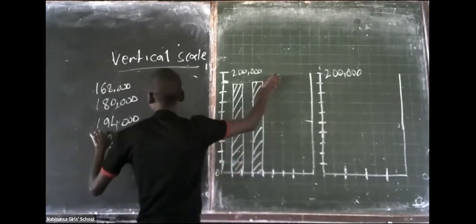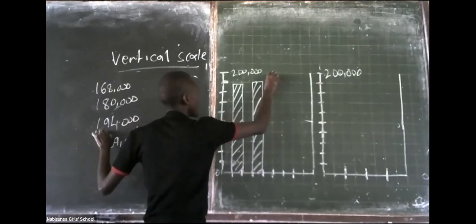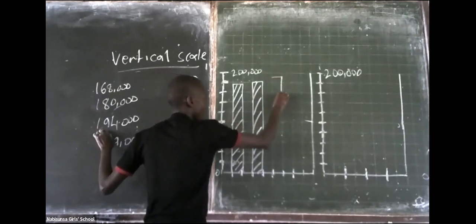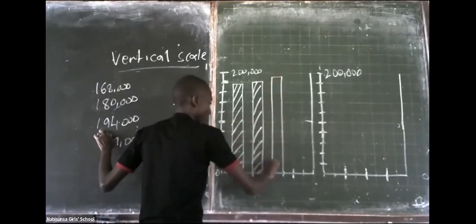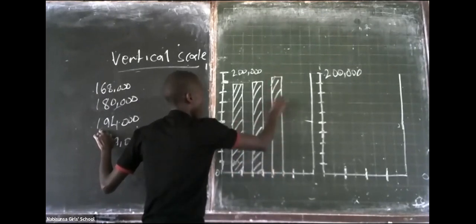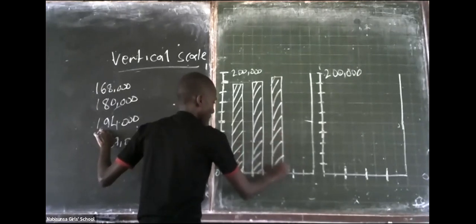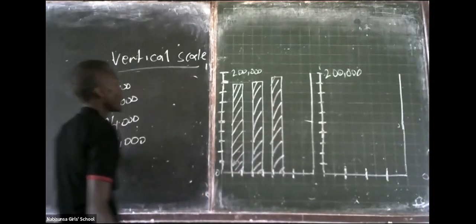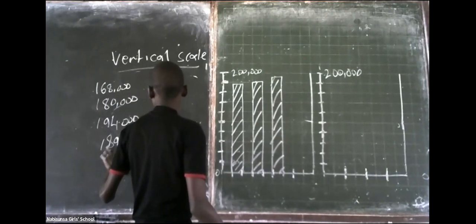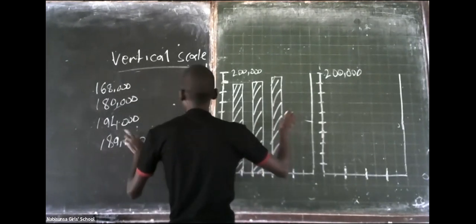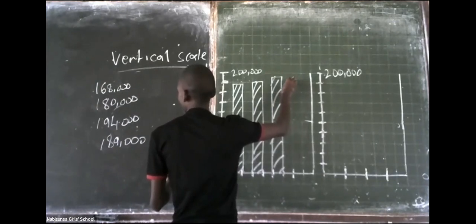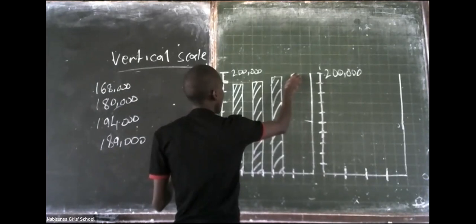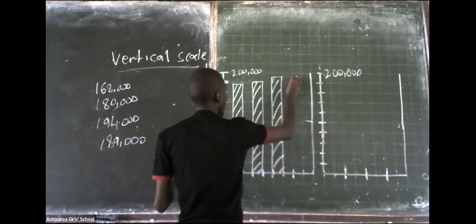So it's somewhere here. Then here 180 something. So it is somewhere here.